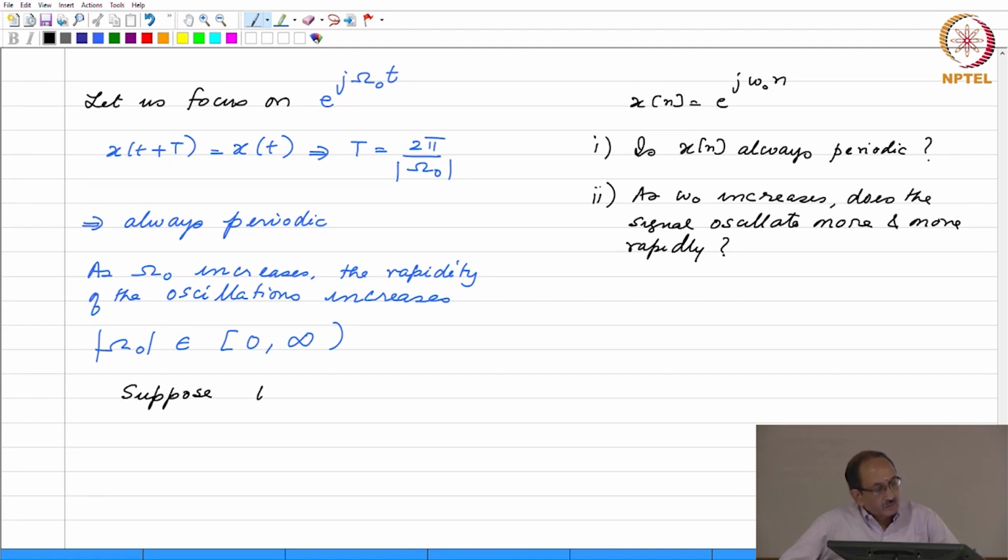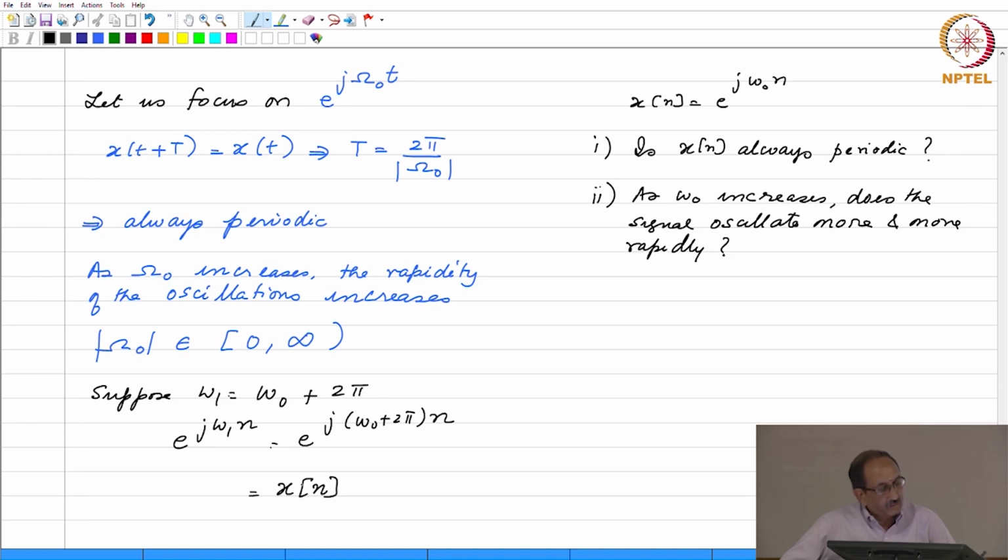Suppose we consider two different frequencies, omega naught and omega naught plus 2 pi. Then x of n with e to the j omega 1 n, which is e to the j omega naught plus 2 pi times n, is exactly the same as x of n, because this is nothing but e to the j omega naught n times e to the j 2 pi n.